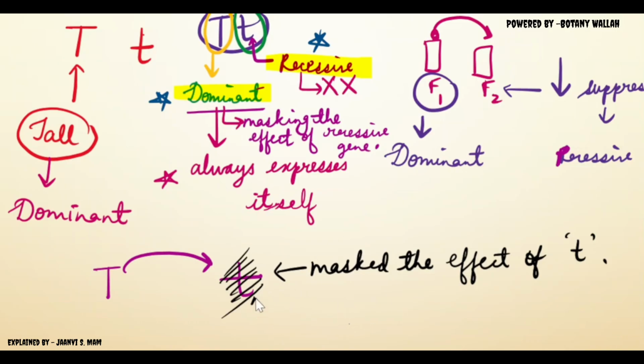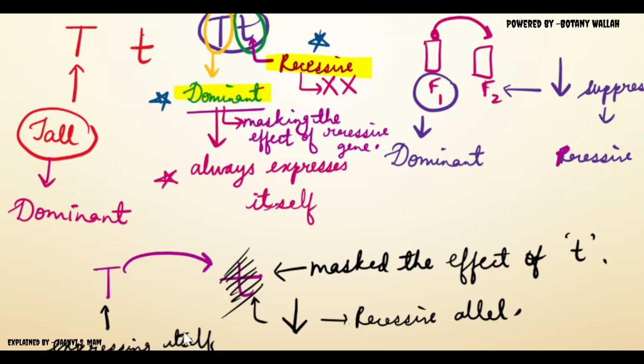Its effect is getting suppressed, so this is known as a recessive allele. And if an allele is expressing itself even in the presence of the other gene, then it is dominating. This is the dominant gene.